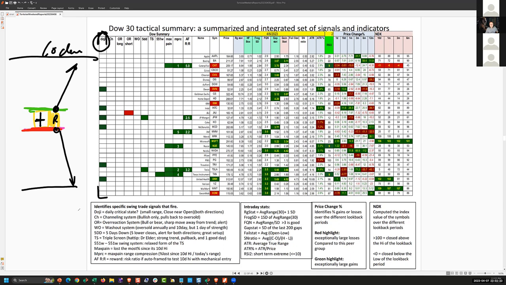I define the doji as being less than 80% of the average range, so it's a small range, and that the open and the close are within close proximity to each other. That's what a doji looks like.